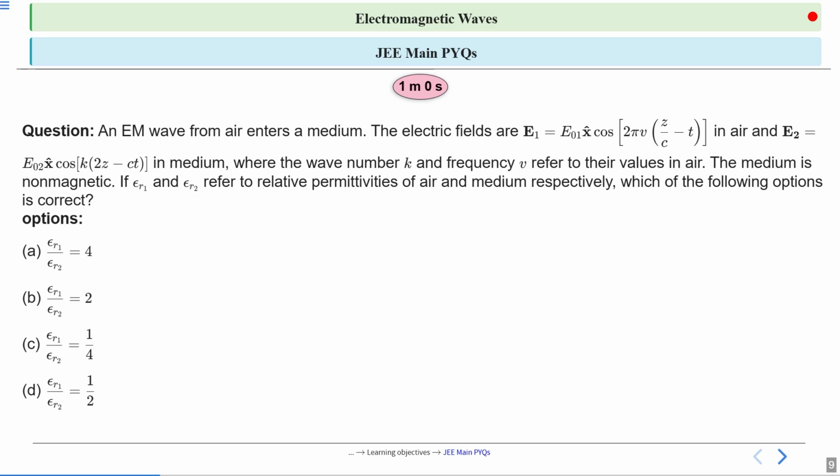So which options are correct? Epsilon r1 upon epsilon r2 is equal to 4. Epsilon r1 upon epsilon r2 will be equal to 2. Epsilon r1 upon epsilon r2 will be equal to 1 by 4. Epsilon r1 upon epsilon r2 will be equal to 1 by 2.